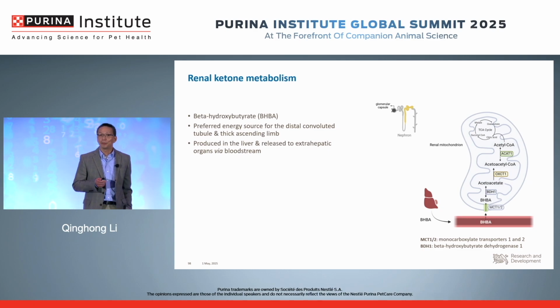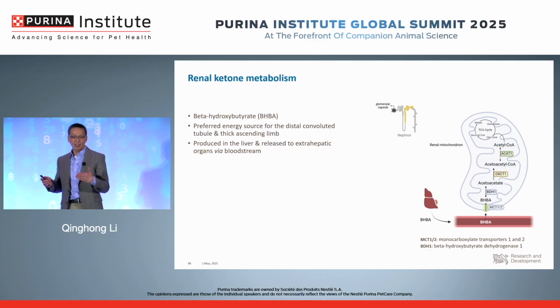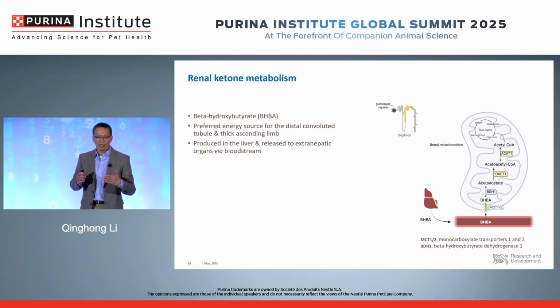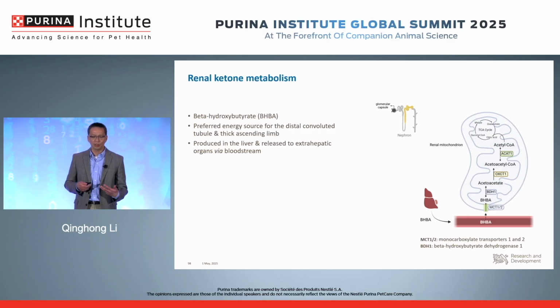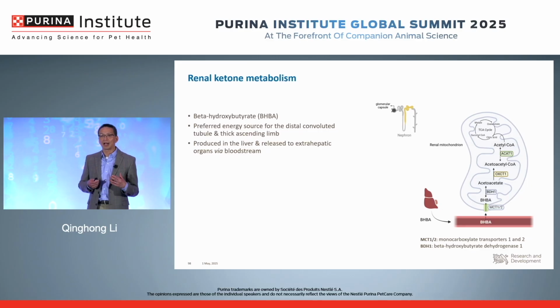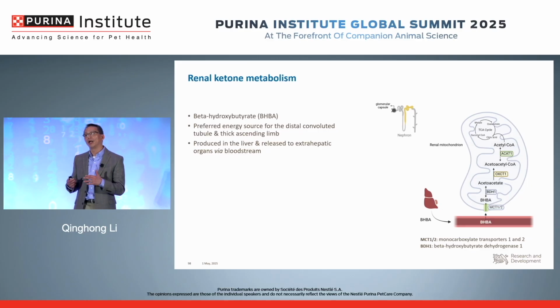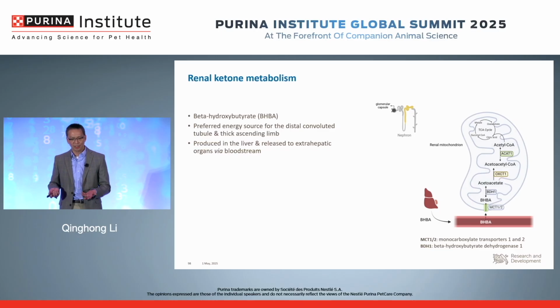Ketone is produced in the liver and then released into the bloodstream. Ketone is then taken up by the kidney cells by the ketone transporters, also known as monocarboxylate transporter 1 and 2, MCT1 and MCT2.